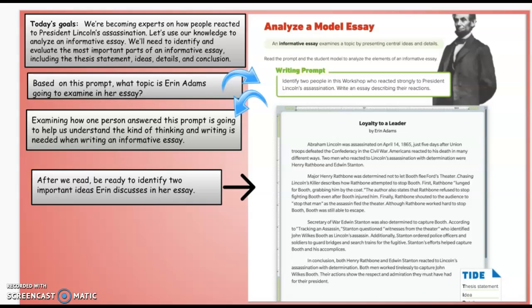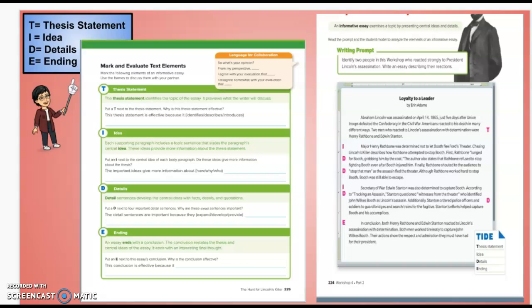Now, on this next slide, you're going to work between both pages. I've tried to put both pages on one slide together, but we're going to be going back and forth as we do some analyzing, marking and evaluating text elements. Now, remember we use the TIDE process for writing at this point. And TIDE, remember, stands for 4 pieces that are required in your essay.